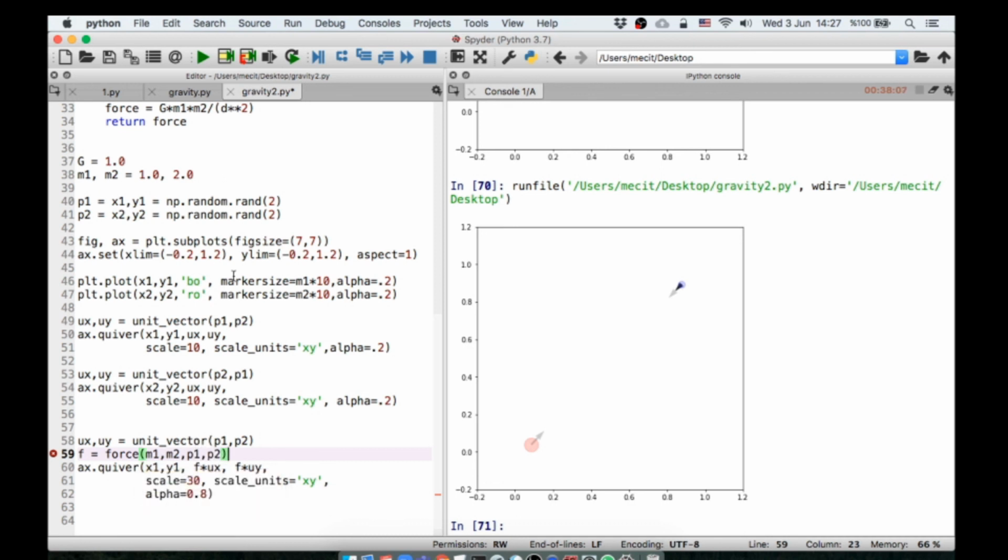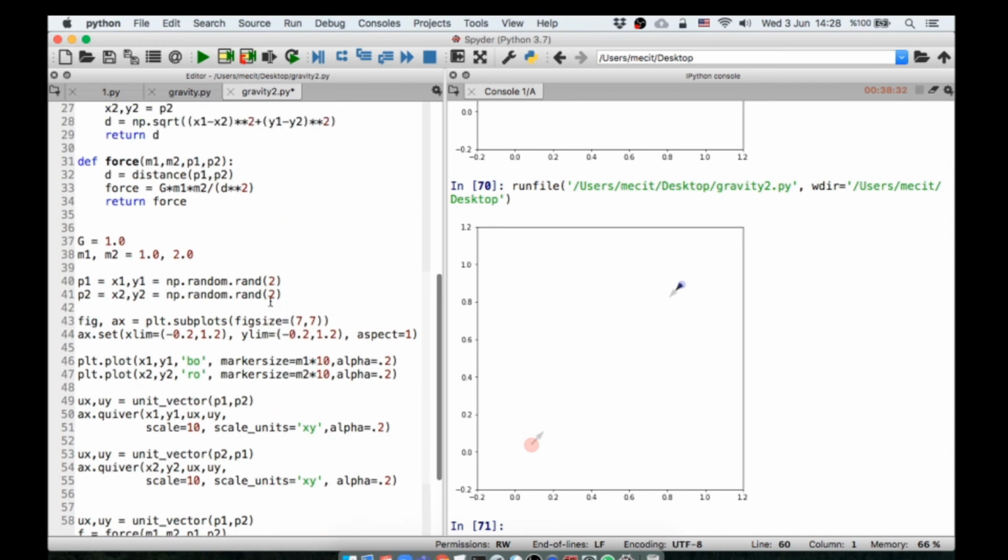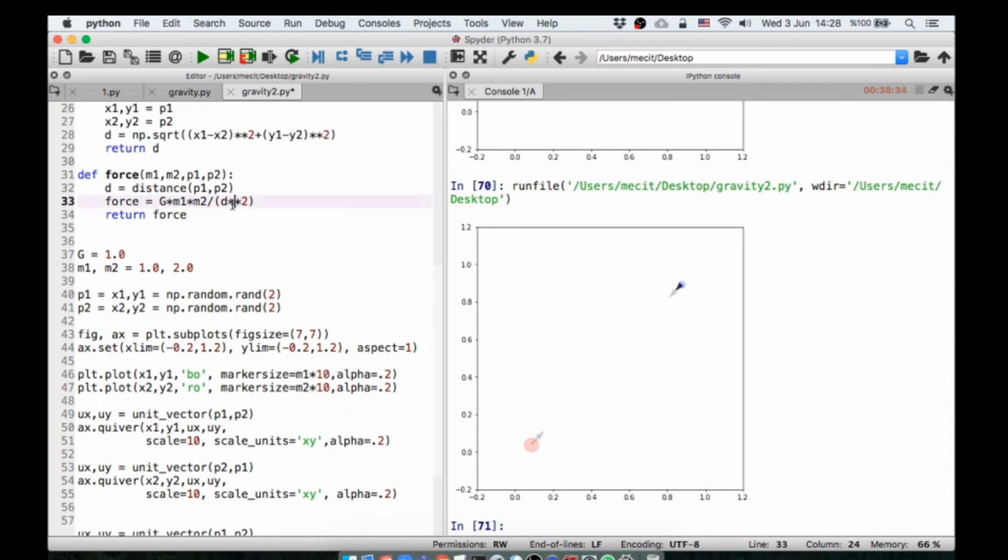So that gives me the force, and then the unit vectors. In this way I can get the force magnitude, and the unit vectors are calculated separately. If I want, I can also calculate them within the function. I want to show you that one also.